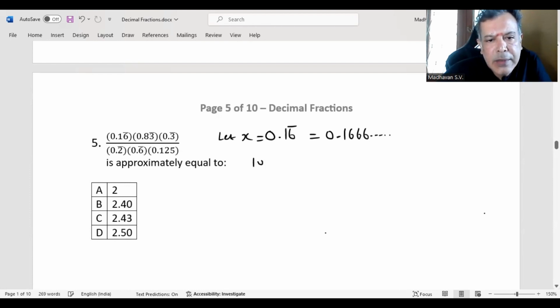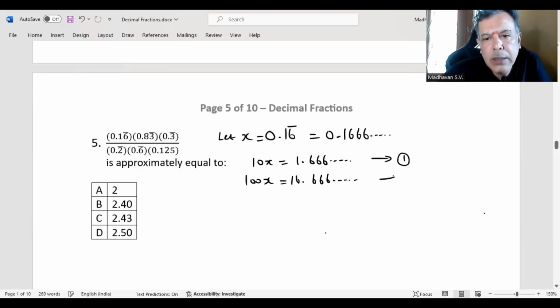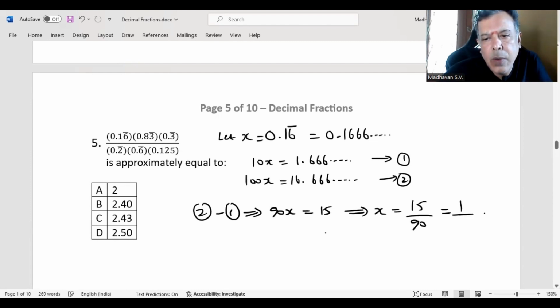Now 10x will be 1.666 and so on. 100 times x will be 16.666 and so on. Considering this as 1, this as 2, we get 2 minus 1 as 90x equal to 15, which means x will be 15 by 90 or 1 by 6.